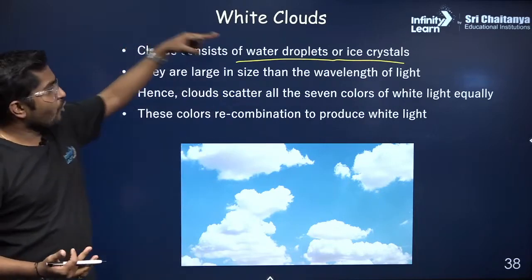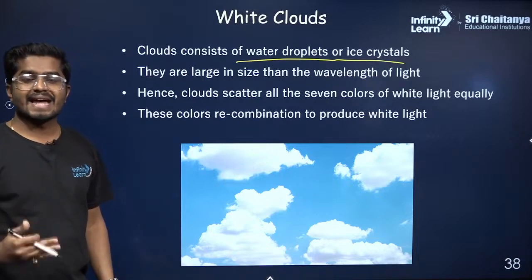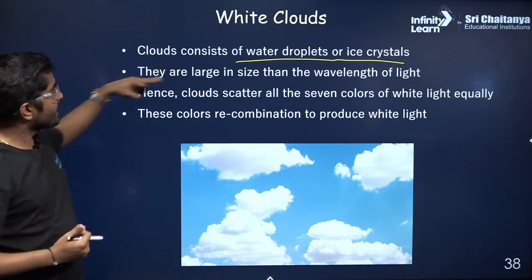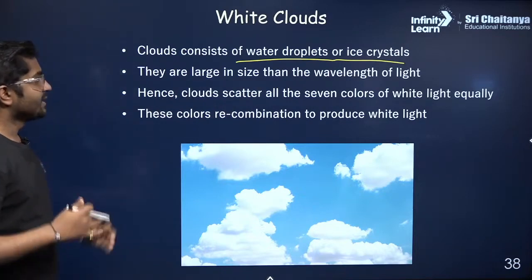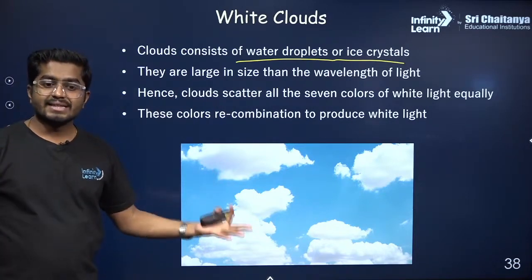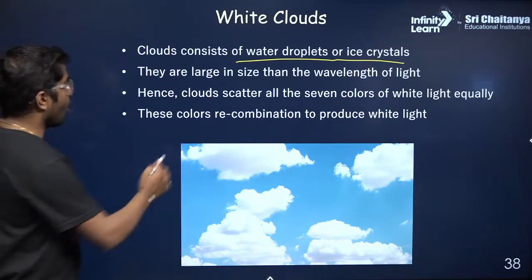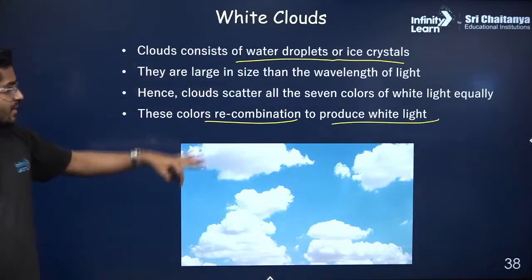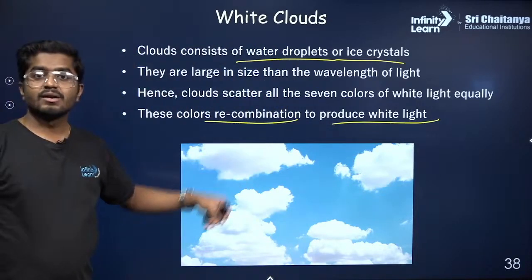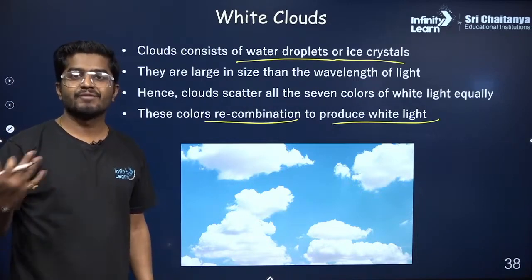So if the light falls onto this, all the wavelengths are scattered equally, and because of that, if there is equal scattering, they will recombine. All the colors will recombine and they will form white light, and that is the reason clouds appear white in color. That is the same reason milk will appear white in color.